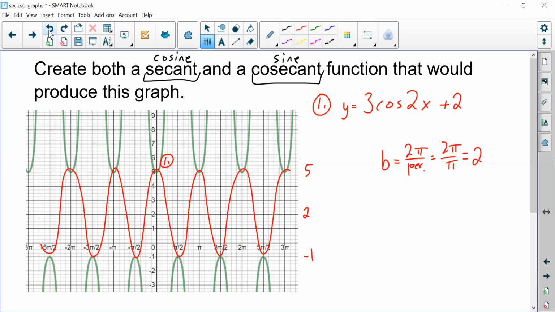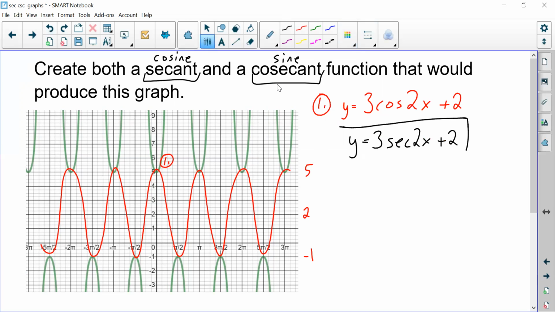And so b is 2 that way. So the red function, the cosine wave, is y equals 3 times the cosine of 2x plus 2.